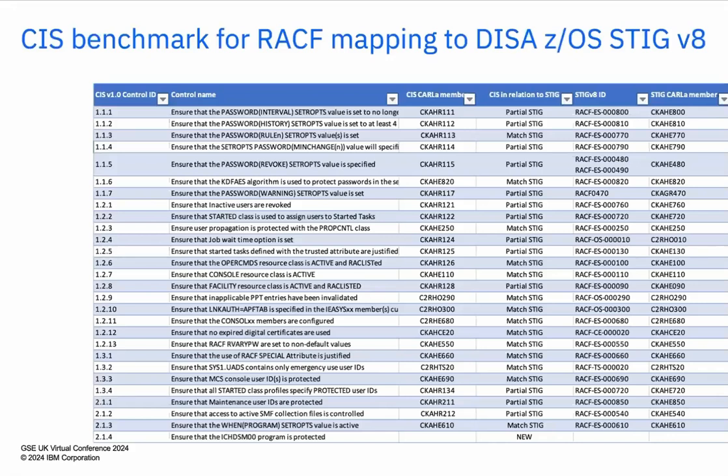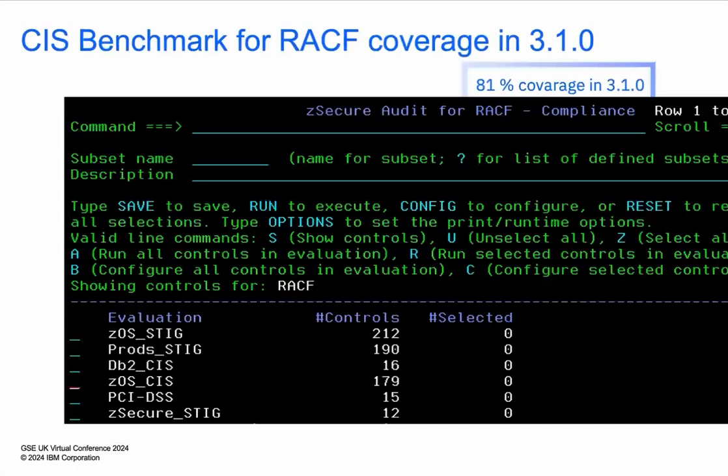We have also worked on providing a mapping. You can see the CIS control in zSecure and its relation to the STIG ID. For users that are interested in migrating, this can be an interesting piece of information to see which controls are shared between CIS and the DISA STIG.